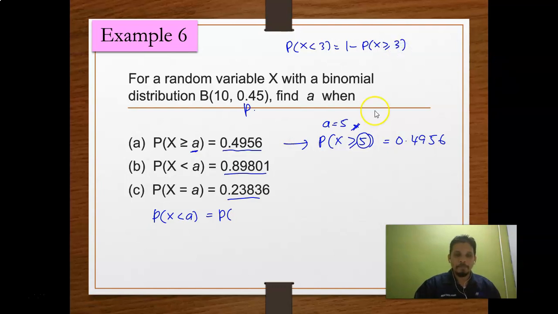Okay, so what about this one here now? X less than a. It is 1 minus the probability of X greater than or equal to a, equal to 0.89801.